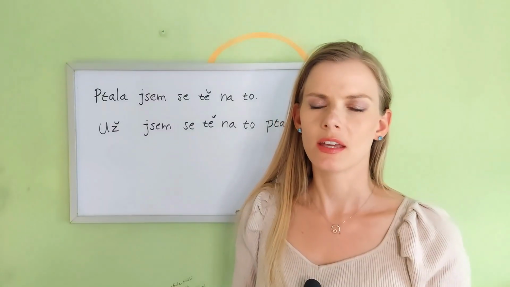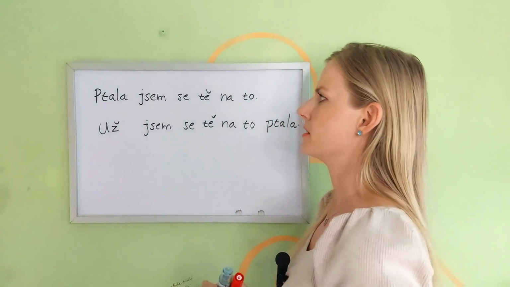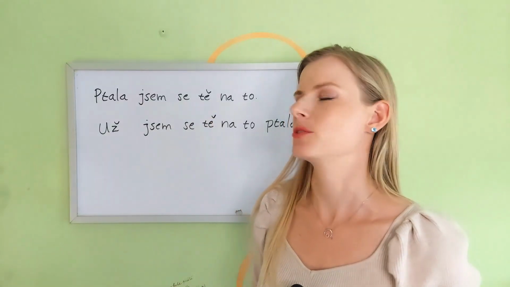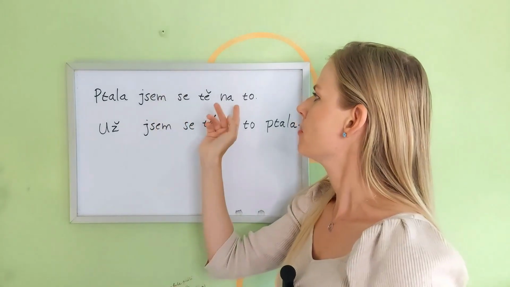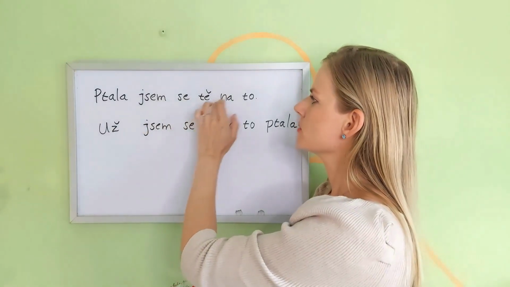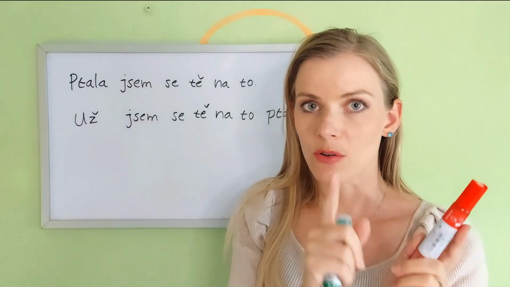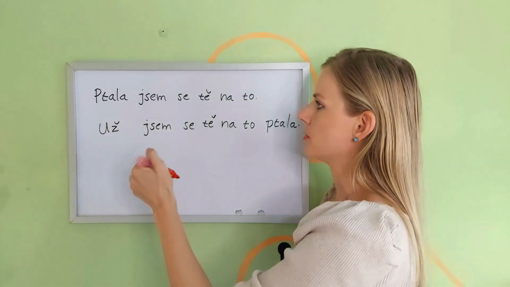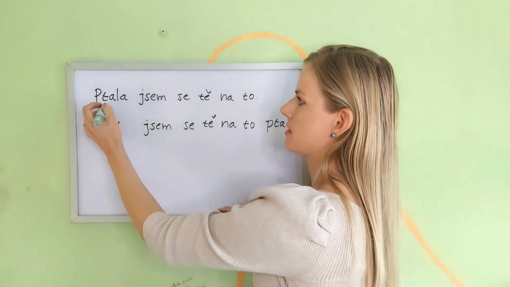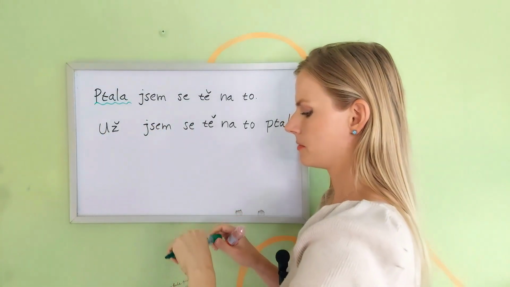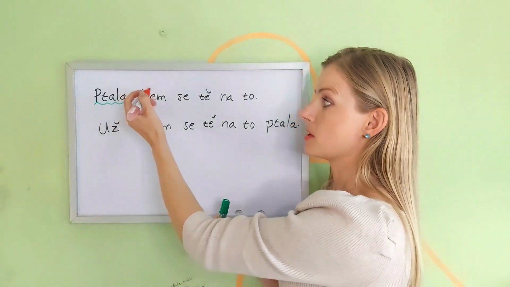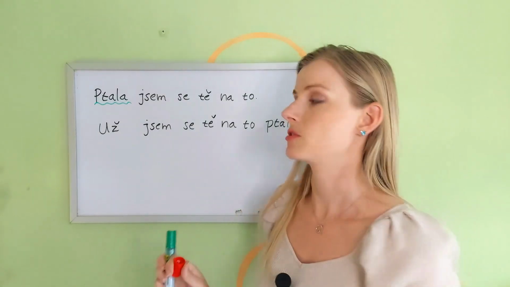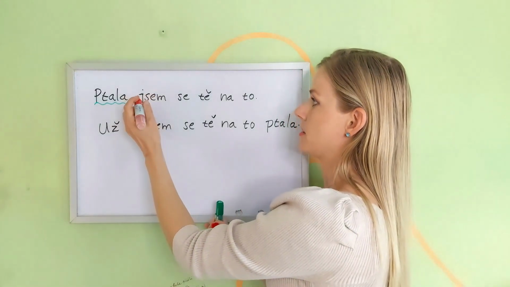So let's take a look at a quite nasty sentence. Ptala jsem se tě na to. I asked you about it. It has all these tiny little words. And now you're gonna find out how to put them together. What's the order? Our verb is here. I'm gonna use green for it. Then we know that we have something in the middle, usually occupied by the second position words, and they're all here.